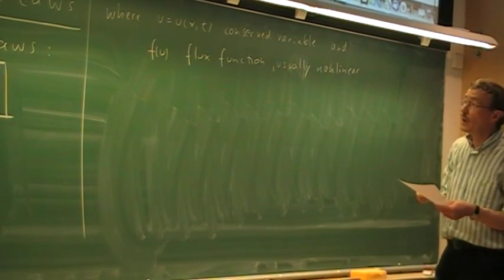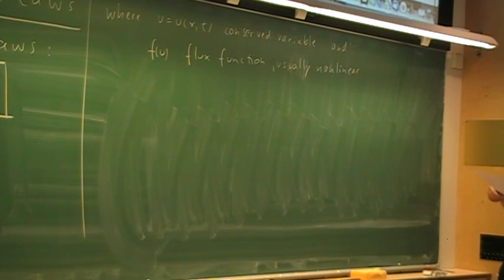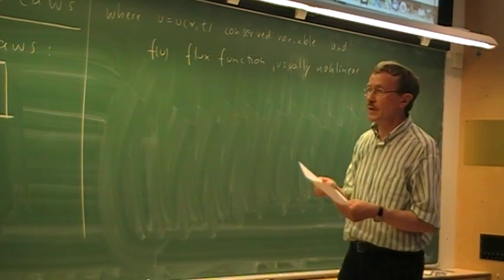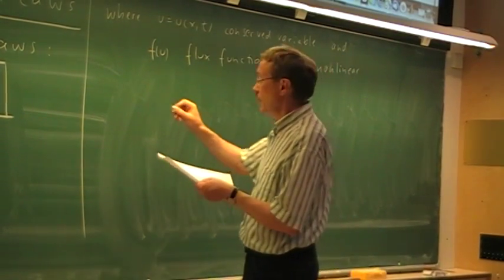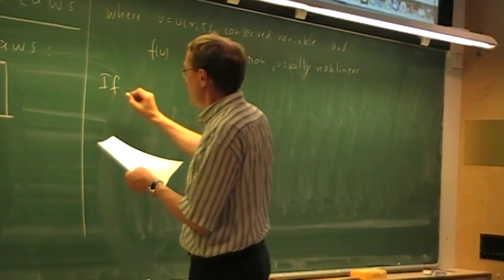So, now we argue if this flux function f of u is smooth, we can differentiate it, and if the derivative is continuous, then we call that smooth.